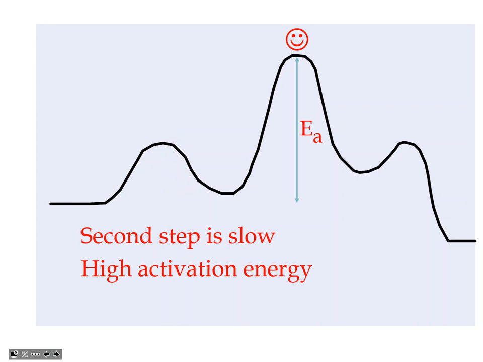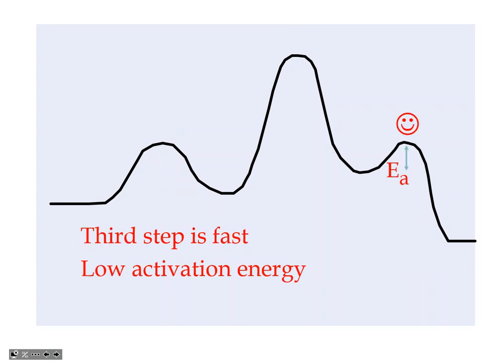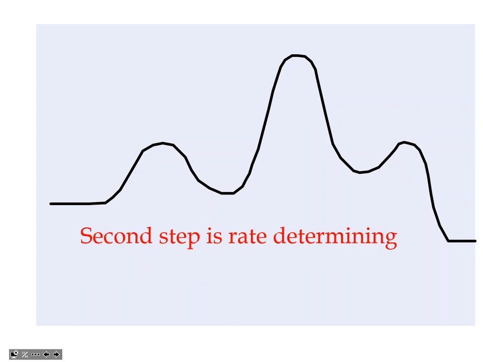We know that one's the slow step because it has the most activation energy. And then the third step is also considered fast because it has lower activation energy. So the third step and the first step are both fast because they have low activation energy in comparison to the second step, which has the higher activation energy. So the rate determining step is going to be the middle one, the slow step, the RDS, rate determining step.